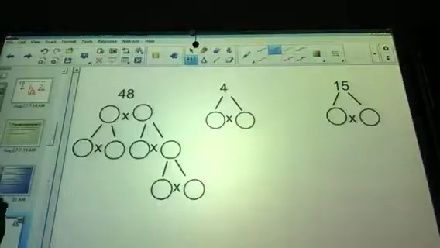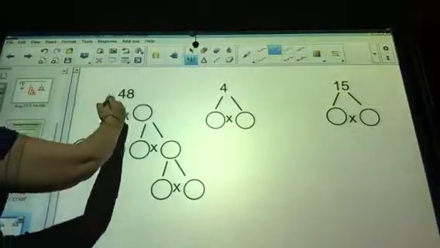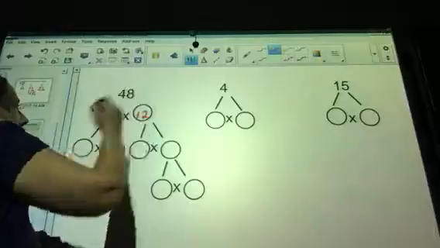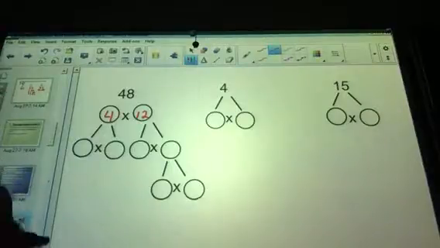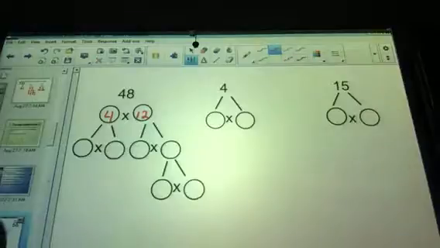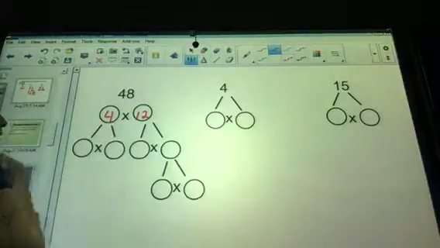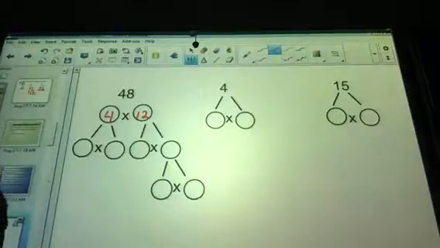I know that 4 times 12 is 48. Now, is there a 2 that goes into it? Yes. I could have done 2 times 24, but I didn't think of that problem. I thought of 4 times 12. And again, as long as you break it down to a prime number, it doesn't really matter. I do it with prime numbers on the left side because I think it leaves it cleaner, but do it the way it works for you. All right, 4 breaks down to what multiplication problem?